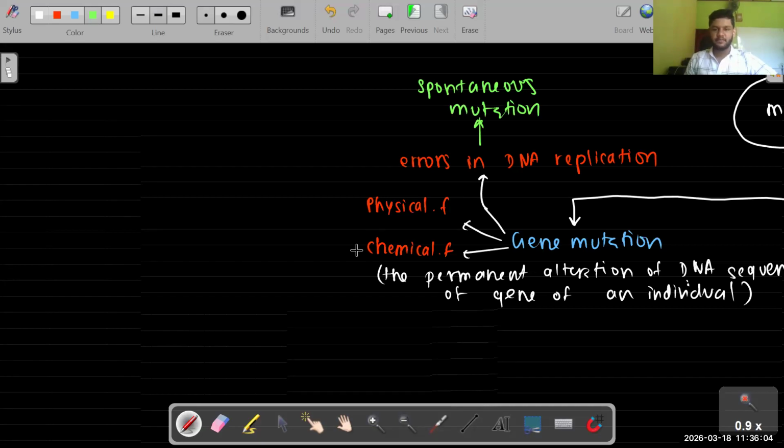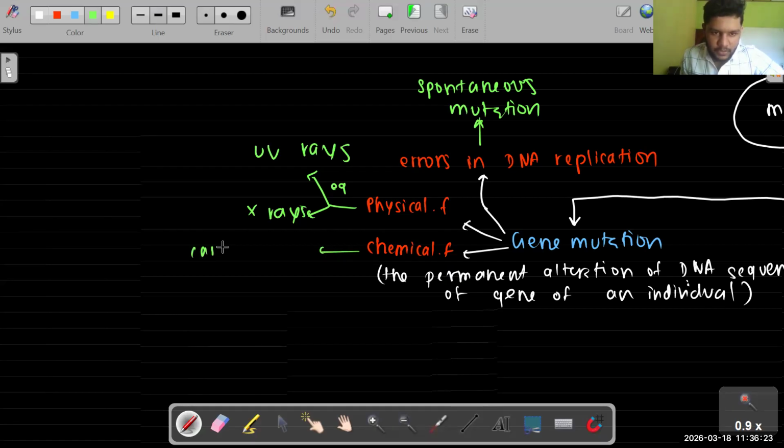Okay, physical factors, chemical factors. Examples of physical factors: UV rays and X rays. Chemicals are normally carcinogens, and carcinogens are mutagens.